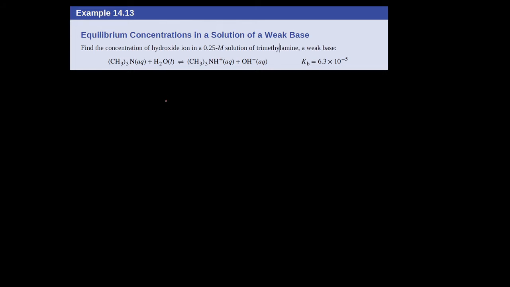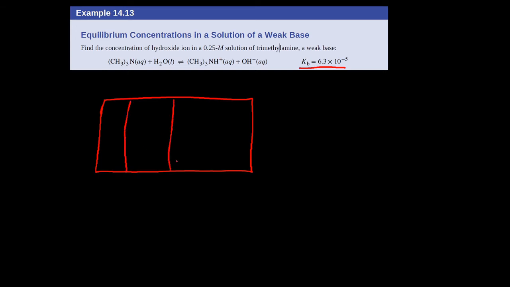So we're told that we have 0.25 molar trimethylamine, which is a weak base. We're given Kb, but we're not given any equilibrium concentrations, so that means we're going to be using X here. We're going to have an unknown on our ICE table. So let's go ahead and complete our ICE table here.